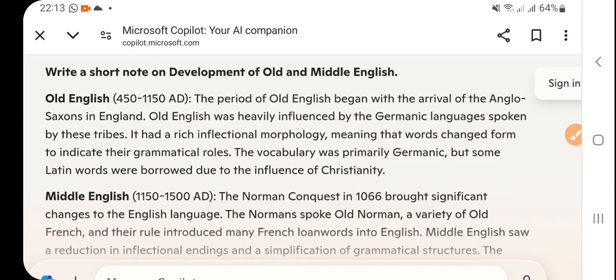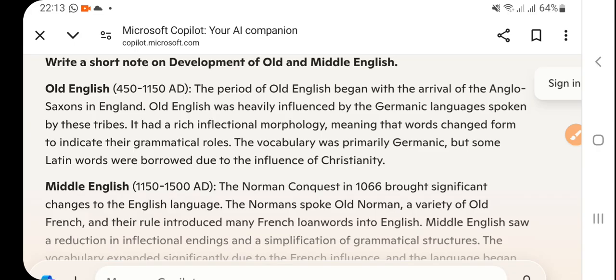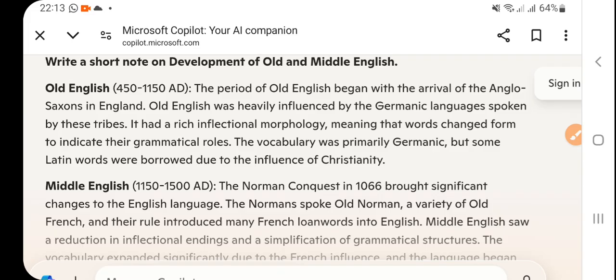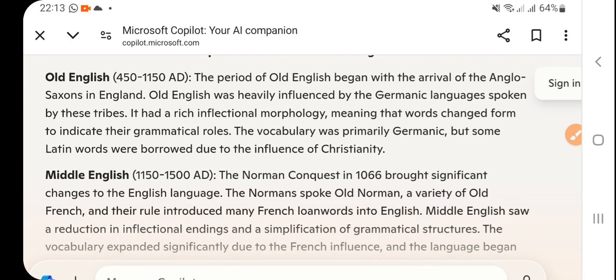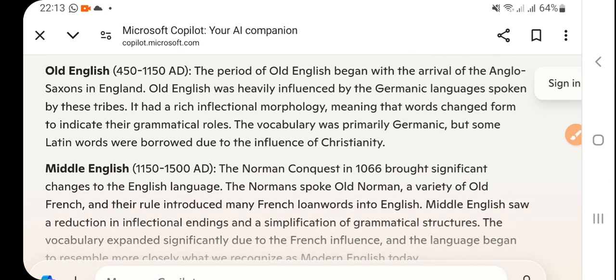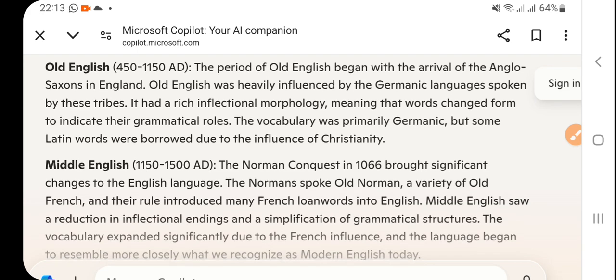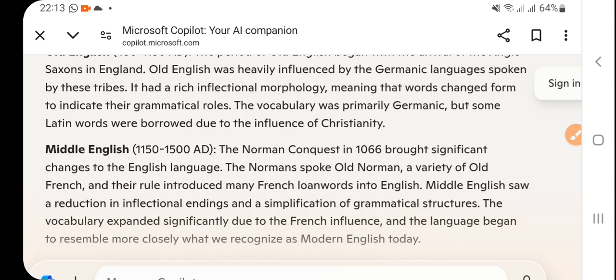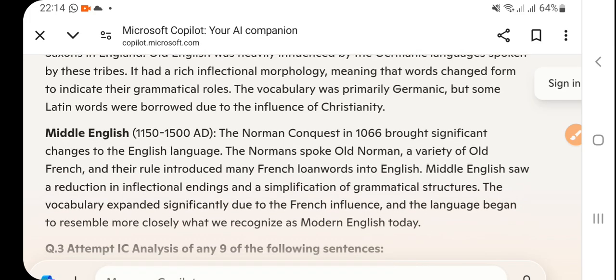Now, write a short note on development of Old and Middle English, which is already discussed in the class. The period of Old English began with the arrival of Anglo-Saxons in England, and Old English was heavily influenced by Germanic languages spoken by these tribes, and it had a rich inflectional morphology, meaning that words change form to indicate their grammatical roles.